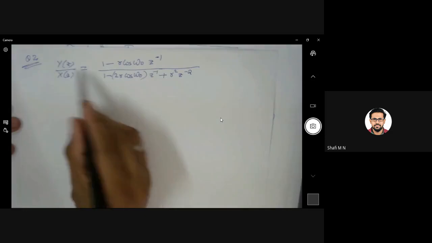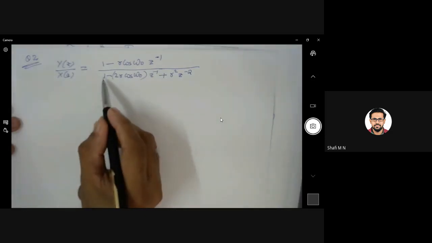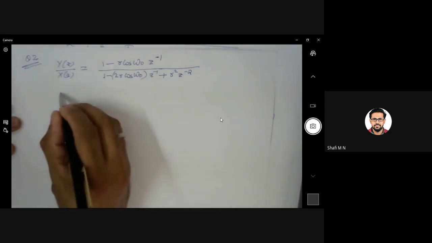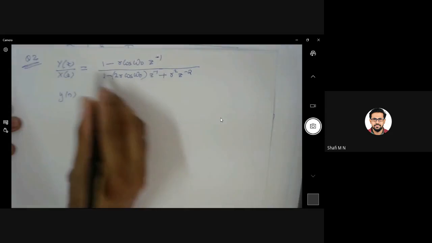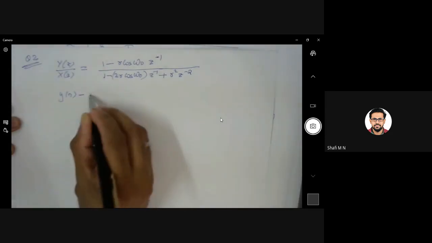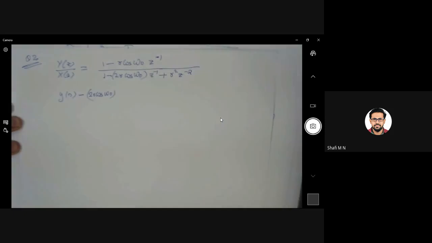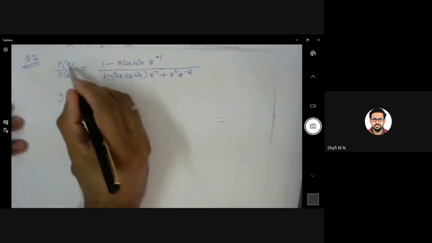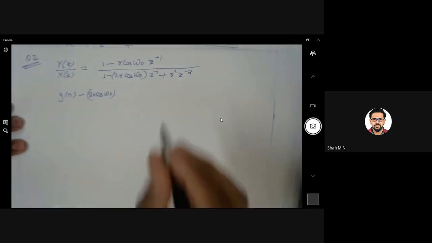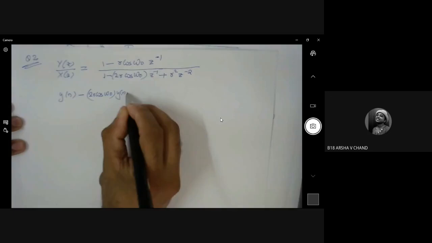Okay, y of z into 1, that will be y of z. Let me take the inverse z transform, so that will become y of n. Y of n minus 2r cos omega naught is a constant, okay, into z raised to minus 1 into y of z, its inverse, so y of n minus 1.